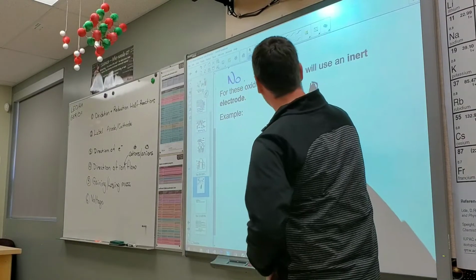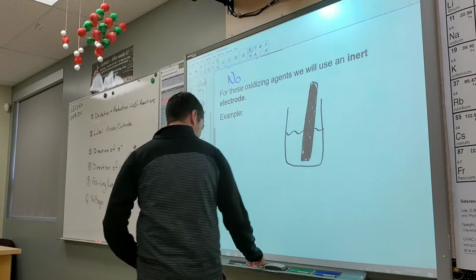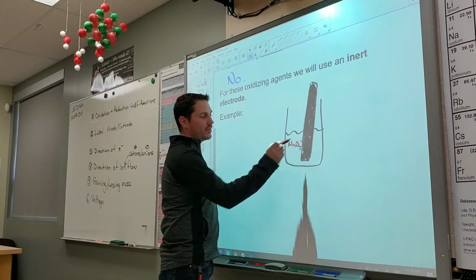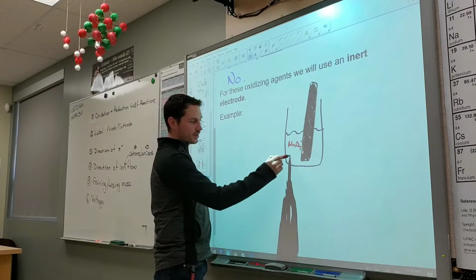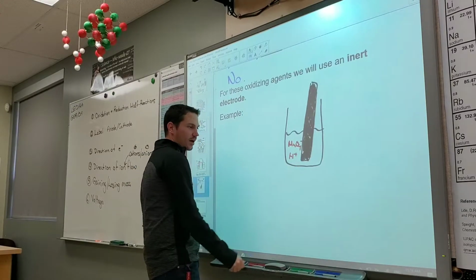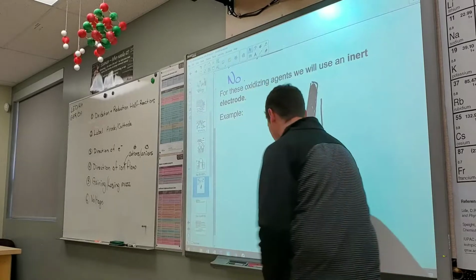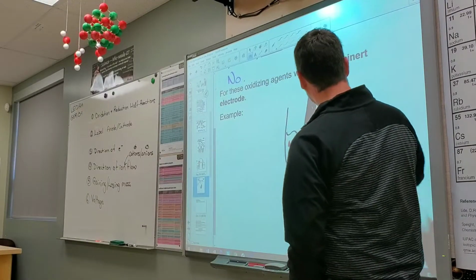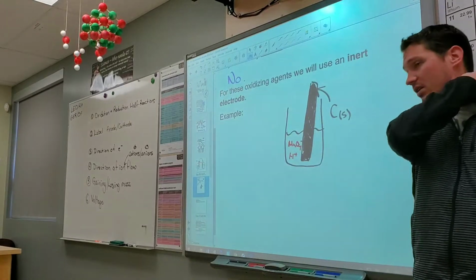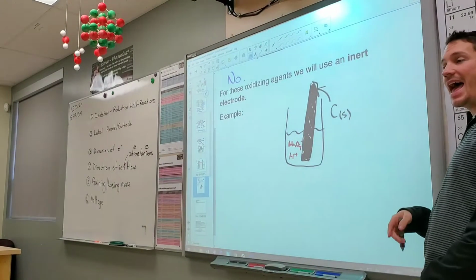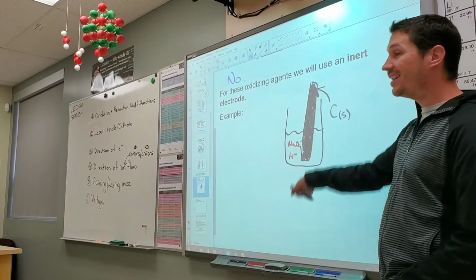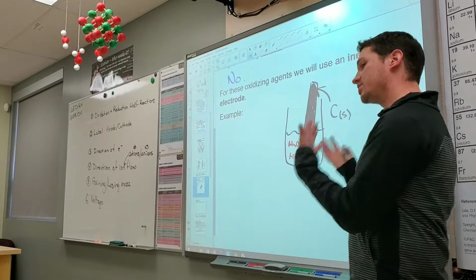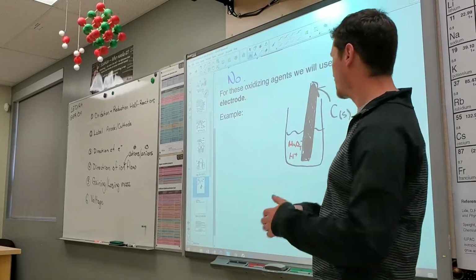So in here, if we have MnO4 minus ions, and if we have acidic ions, so hydrogen ions, this carbon solid can act as an electrode. Carbon is kind of considered a metalloid, so it's got certain characteristics of metals and certain characteristics of nonmetals.